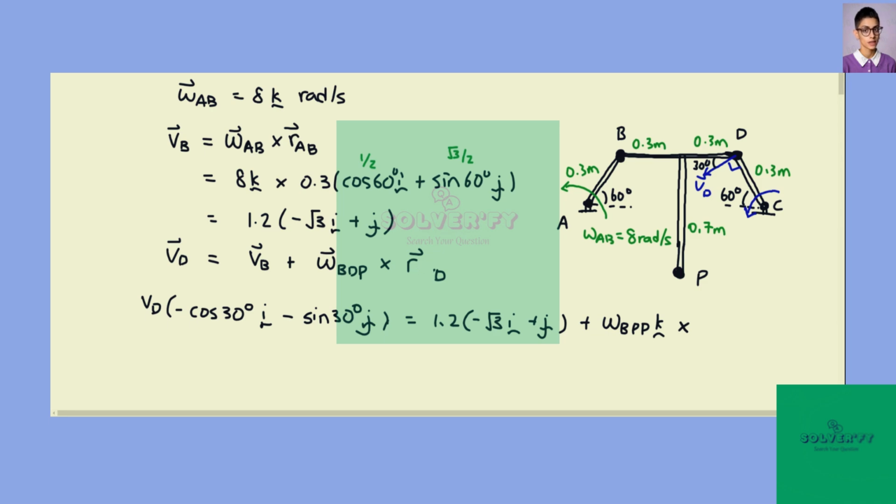I wrote this wrongly. It should be R, the position vector of D relative to B. So this is 0.6 i, from the diagram.